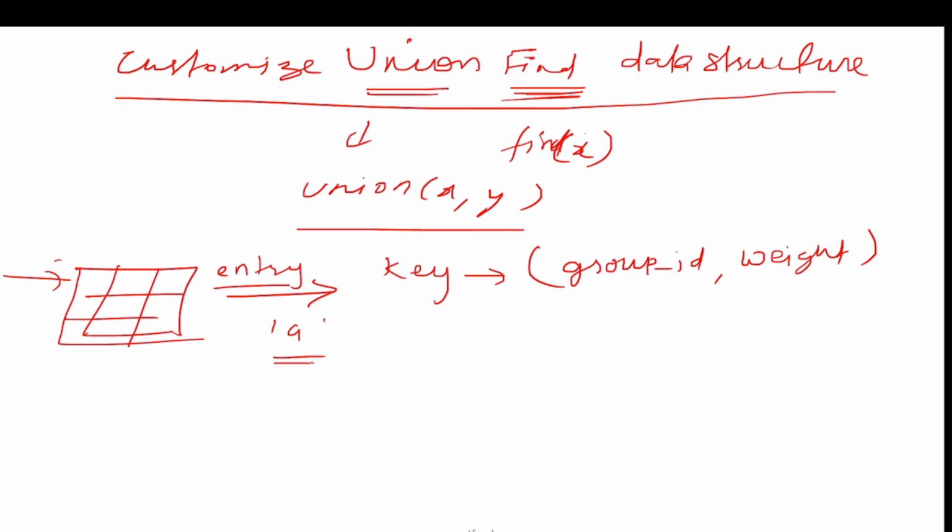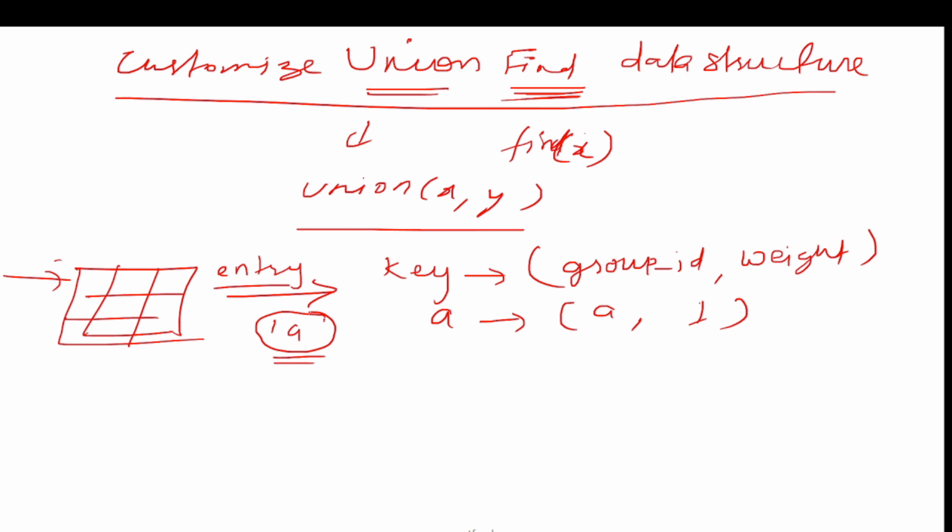Means first it indicates the id of the node, and then the id of the group that the node belongs to. And finally, the value 1 indicates the weight of the node. So for now I will pass a as the group id, and then we'll pass the weight.